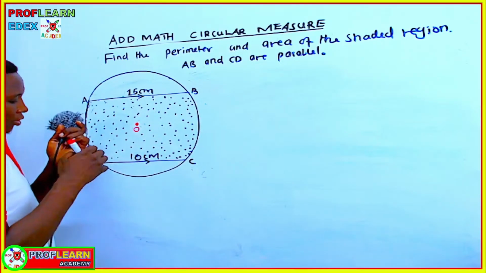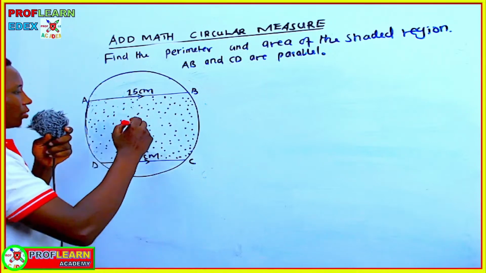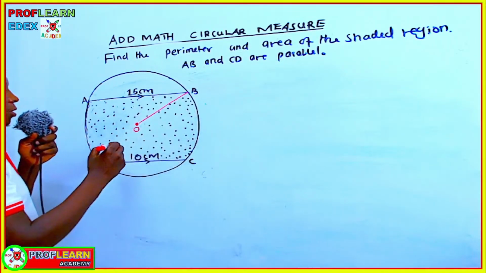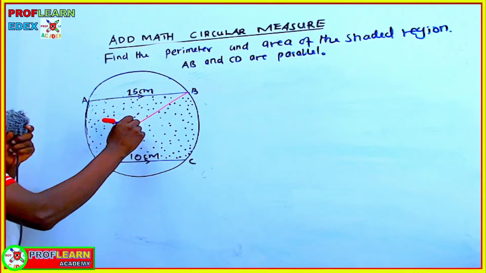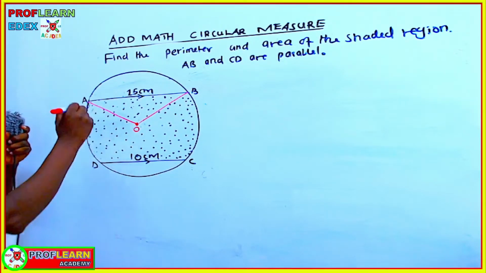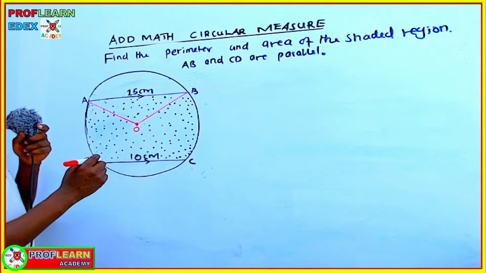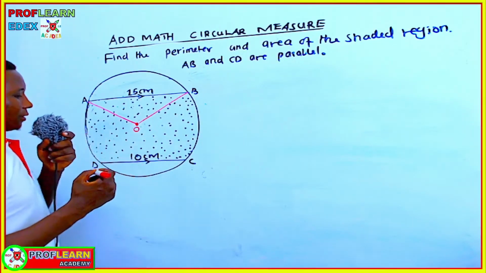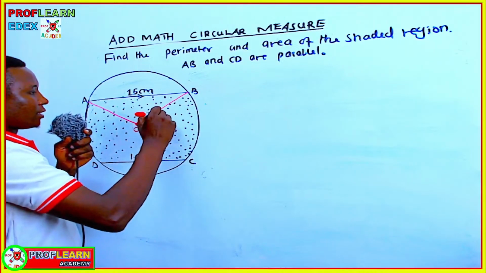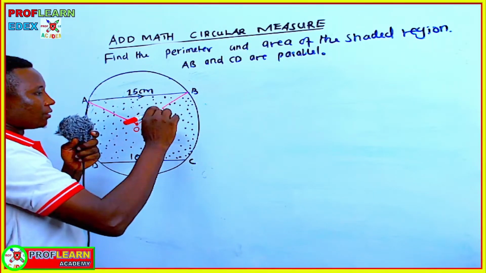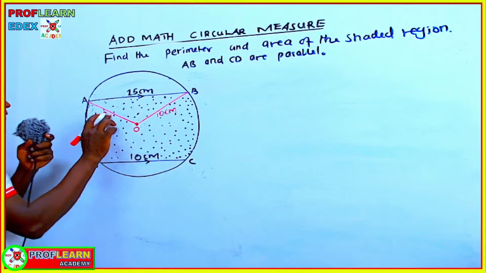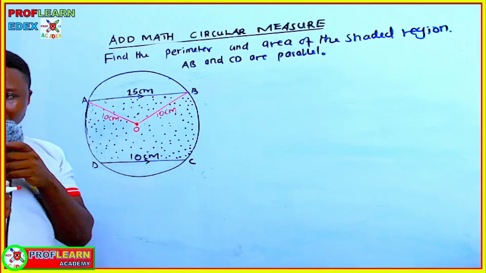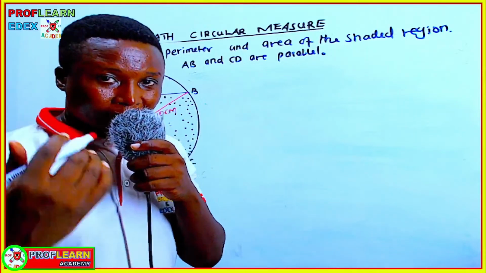For us to work out this question, the first thing that we need to identify is that we can join OB and also join OA like that. Since we are told that the radius of this circle is 10 centimeters, this is actually 10 centimeters and this is 10 centimeters because both of them are representing the radius.